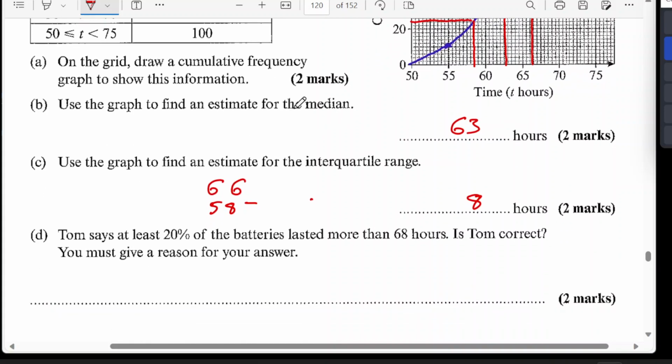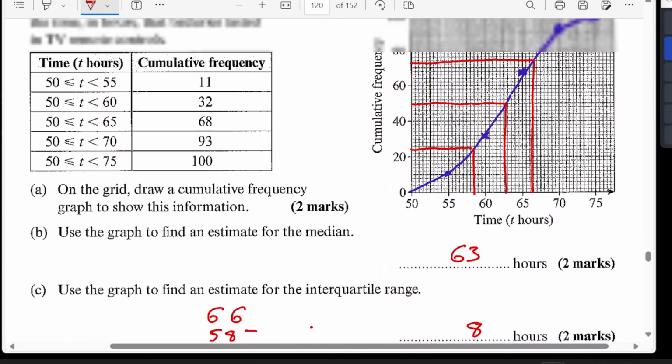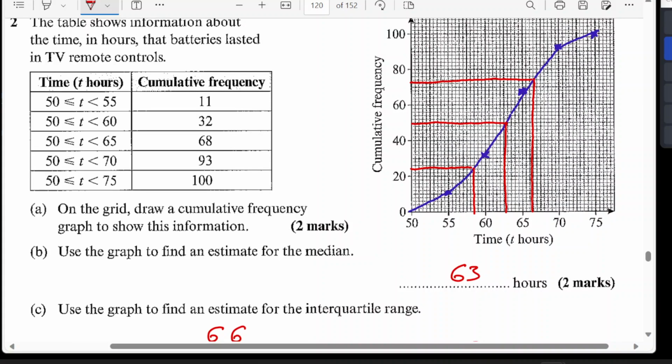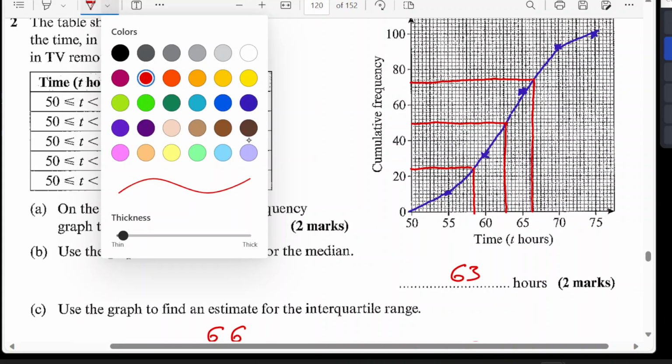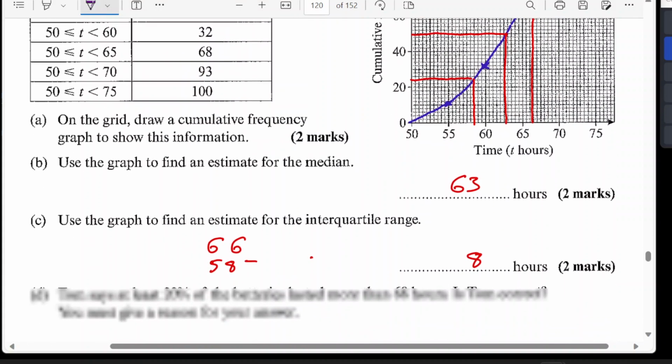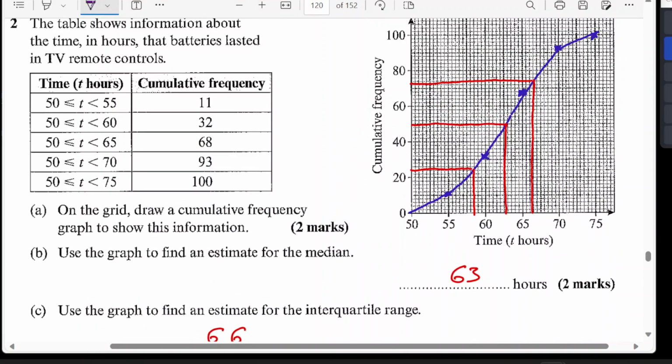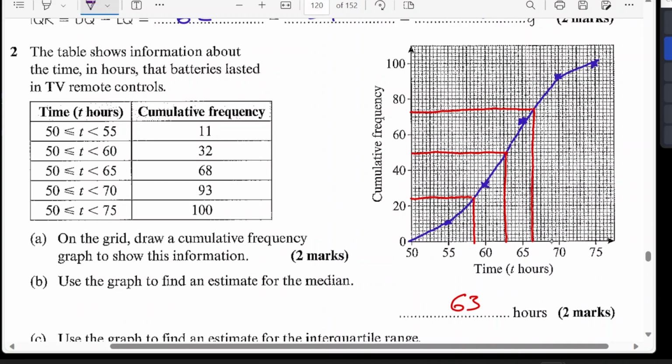Part D. Tom says at least 20% of the batteries lasted more than 68 hours. Is Tom correct? Right, well, at 68, I'll take the pen colour again for this part. We'll go purple. So if I look at where 68 hours hits, 68 would be here.